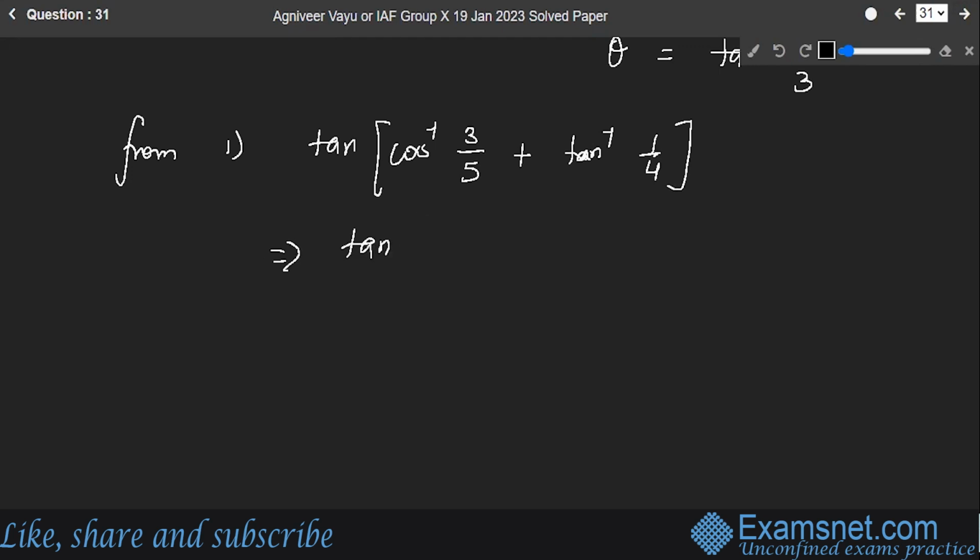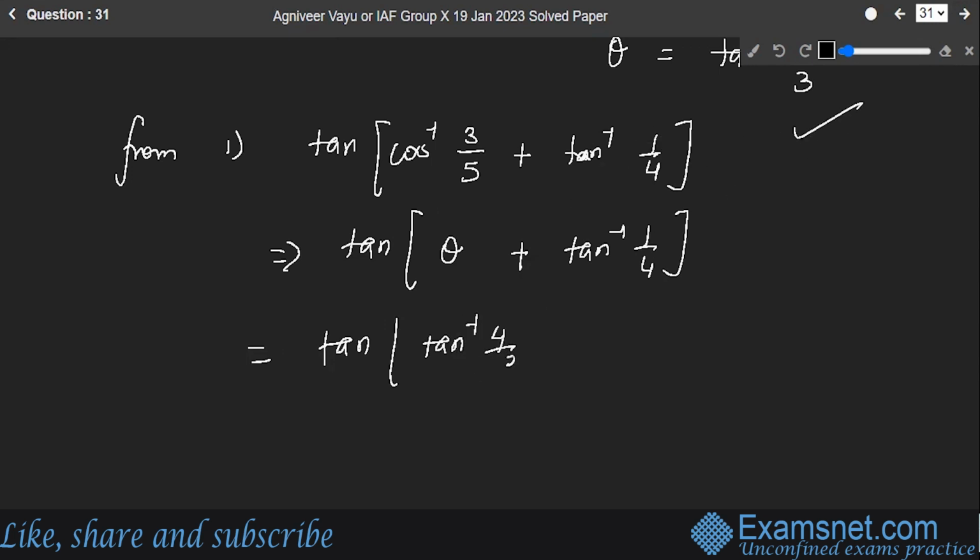That gives you tangent of, tangent inverse that we assumed to be theta, plus tangent inverse 1 by 4. So this is equal to tangent of tan inverse 4 by 3 plus tan inverse 1 by 4, which we've calculated.